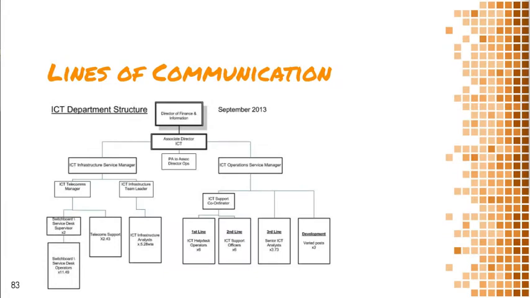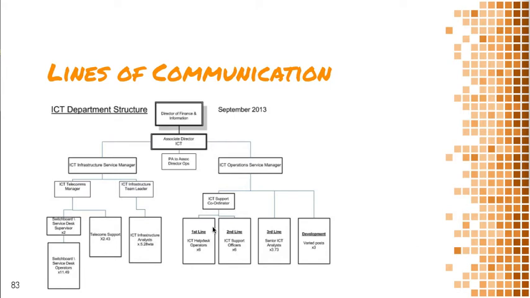And lastly here, the very last one on the communication set, lines of communication. When we communicate at work, it's important to understand your company's hierarchy and the lines of communication that are appropriate. What I mean by that is you've got to make sure that you're communicating with the right people when you're trying to get things done.